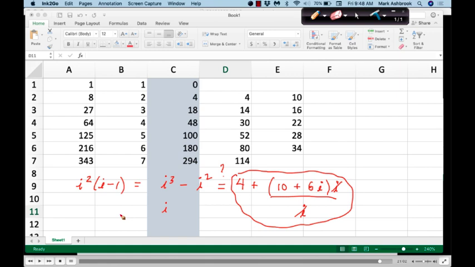Okay, and so that brings up a good point. I just want to say, we're using I to mean the changing index, meaning it takes on all values, 1, 2, 3, 4, 5, 6, 7, 8, okay? That's how we're using it in class.